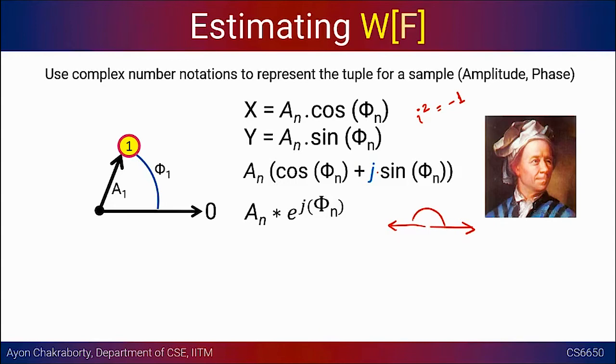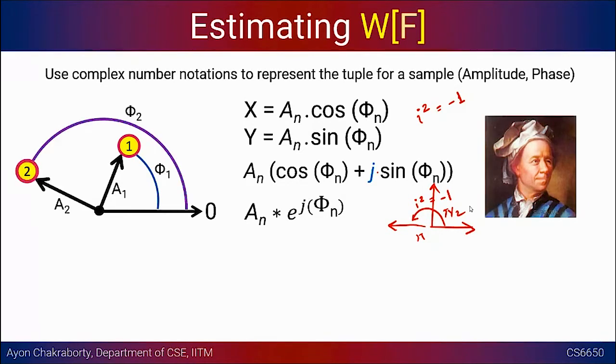That's why i squared is equal to -1. If you just multiply with i, instead of a rotation of pi, you have a rotation of pi by 2. That's all. In our case, we don't need to go into any further details of this. I think you are all well aware of the Eulerian notation also.